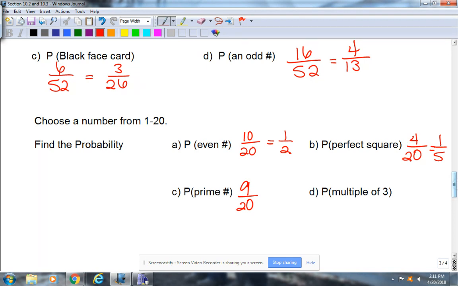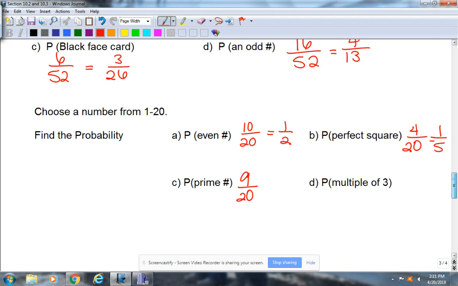So, D wants the numbers out of 20 that are a multiple of 3. That means you can multiply times 3 and get something. Okay? So you count by 3s till we get to 20: 3, 6, 9, 12, 15, 18, and then 21's bigger than 20, right?